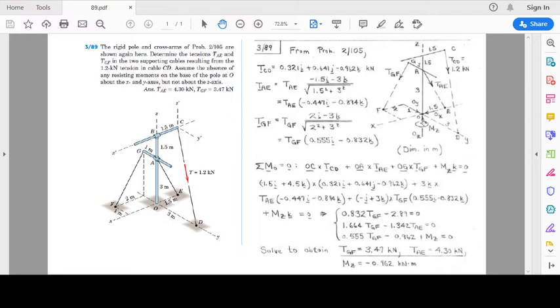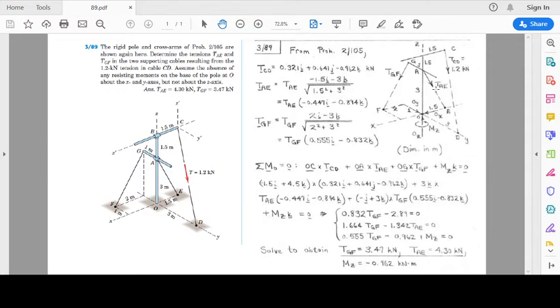Then when we draw the free body diagram for this complete structure, for this complete frame, we have to remove these two cables. So we have to show a tensile force at point G, which is directed from G to F, and a tensile force at point A, which is directed from A to E. So these two tensile forces are shown here, TGF and TAE.